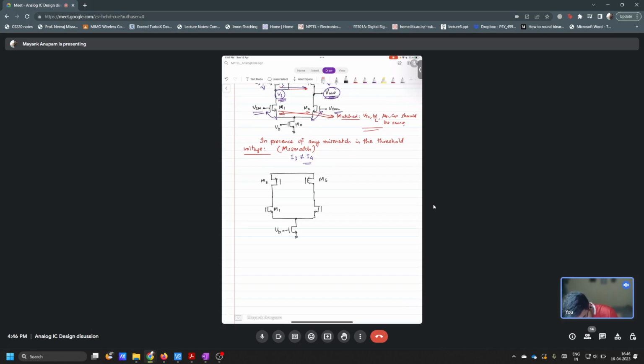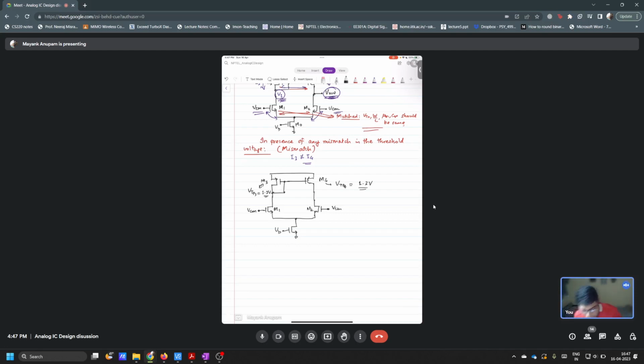This is M1. So let's say the threshold voltage VTP of M3 was equal to some 1.2 volts, and VTP of M4 was 1.3 volts. And let's say this is the connection.